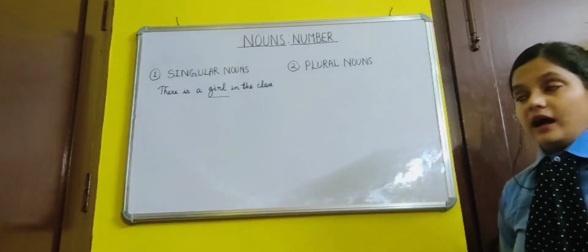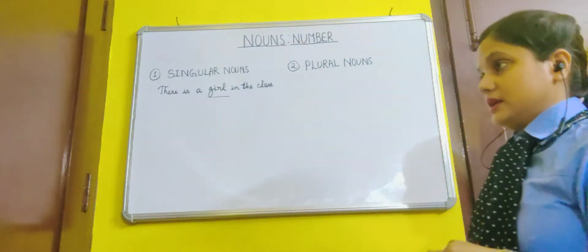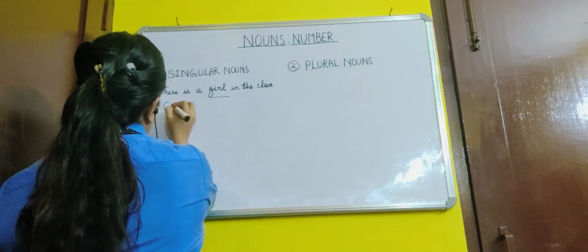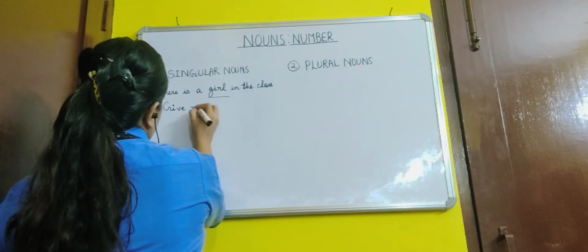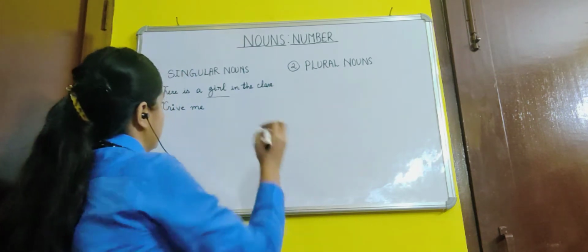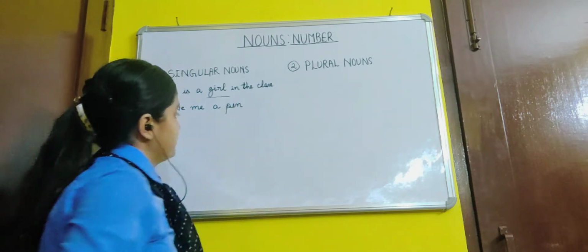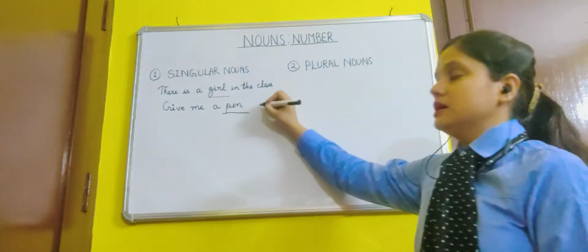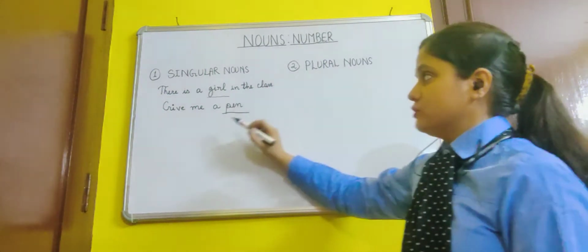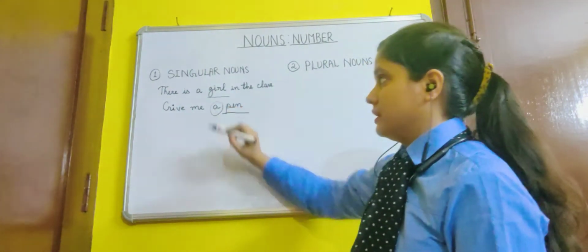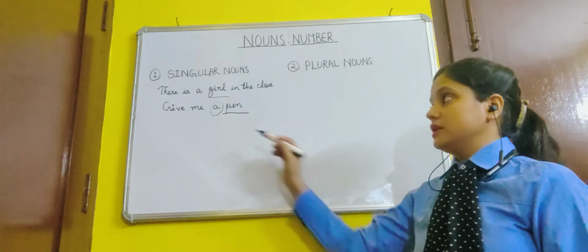If I want to talk about only one thing, suppose I am saying, give me a pen. Here the word pen is a noun, and I am talking about only one pen.